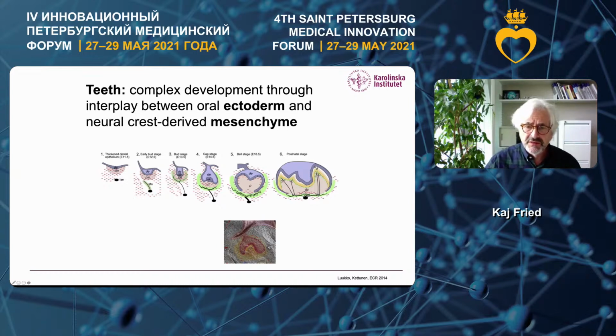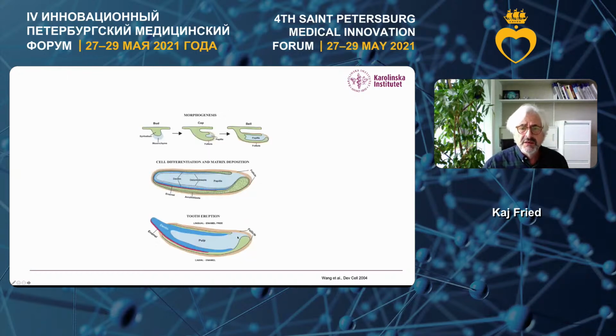And we've been studying this process in a model organ, which is the mouse incisor, which is formed in basically the same way. So it's also an epithelial thickening here that grows downwards, and then it has a slightly different shape than what I showed you in the previous slide, and it will form this elongated tooth bud, or tooth anlage, which eventually will start to produce hard tissue in the form of enamel, as is shown here, and the dentine.